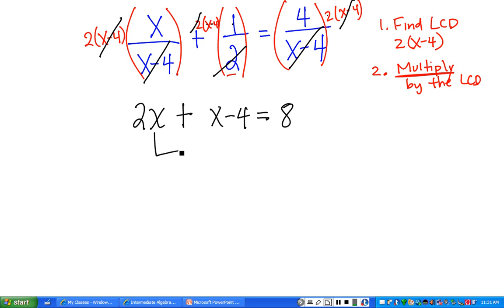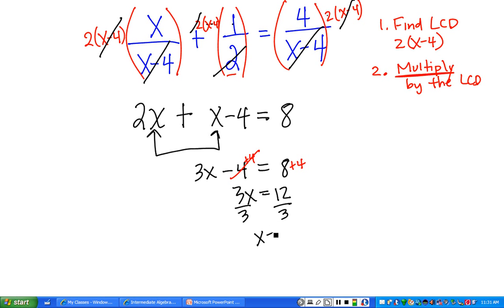Now we have like terms. 2x plus x is 3x, minus 4 equals 8, and then we can add 4 to both sides. We will get 3x equals 12, divide by 3, x equals 4.